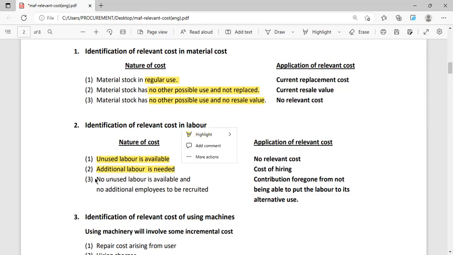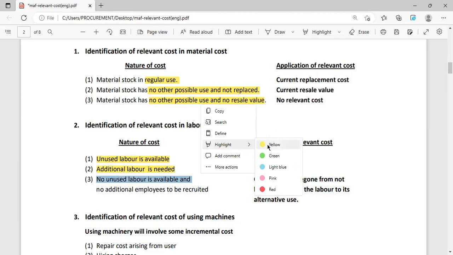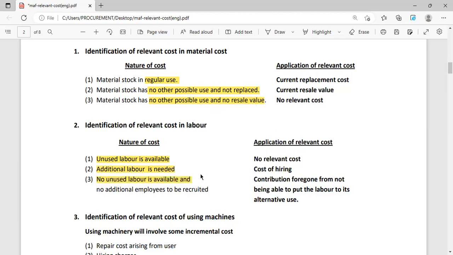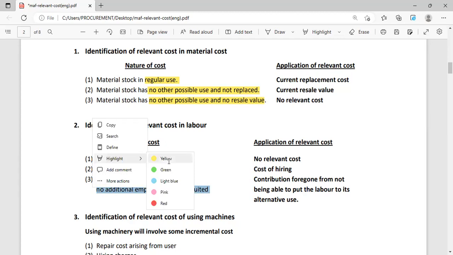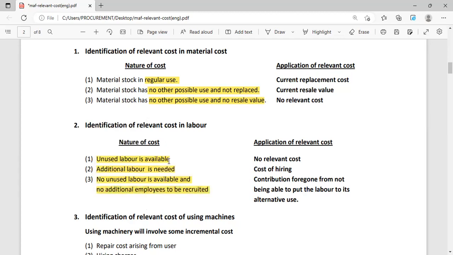That is how much the person collects at the rate of 1 hour. Then we also have the case where no unused labor is available. That is when all the labor is occupied and there's no one that can attend to that particular project at the moment, and no additional employees can be recruited. You don't have any option to get new staff, probably because of the learning curve.